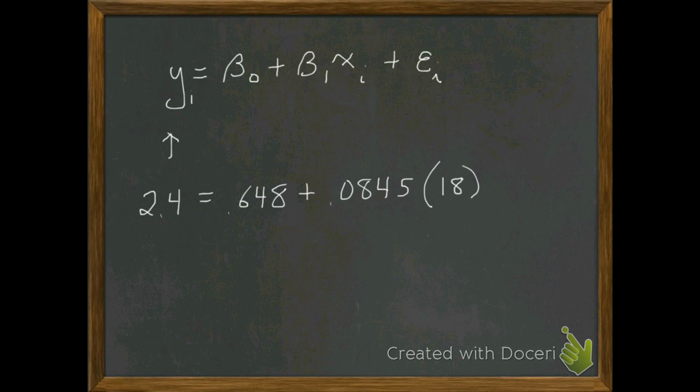We get 2.169 on the right-hand side. Those two aren't equal, so we would have to add the error term to make those equal.